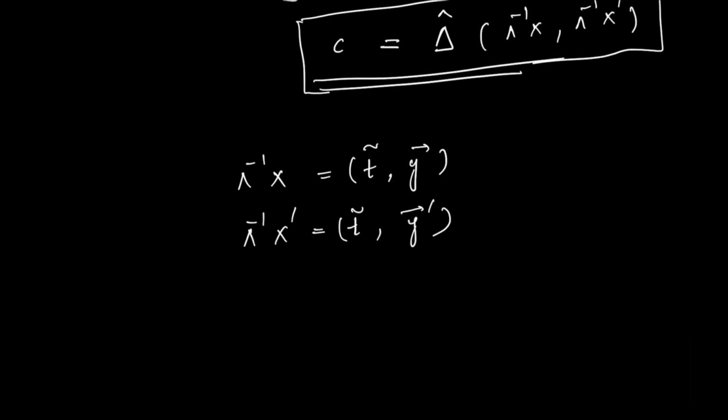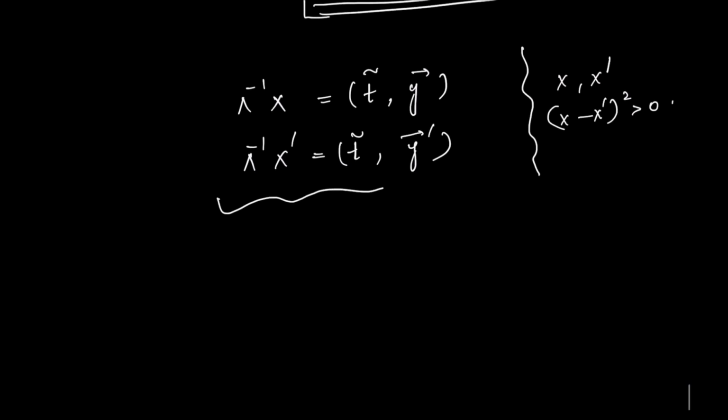So for any space like separation x and x prime, in the sense that (x minus x prime) whole square is greater than 0, you can always find a lambda such that the transformation remains at equal time. So some Lorentz transformation.